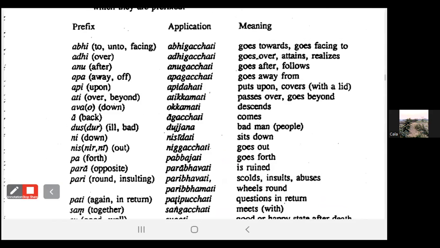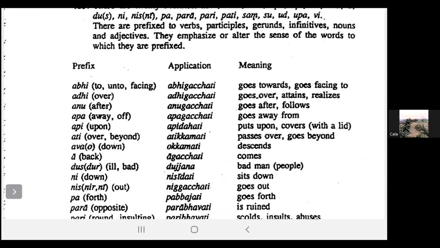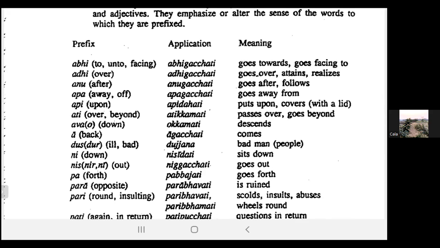They really can memorize everything because they have to recite abhi adi anu like this. So you have to recite abhi adi anu apa abhi ati ava. Then you start again. You recite more than 20 times. So if you recite 20 times, can you remember how many? Apa api ati ava.